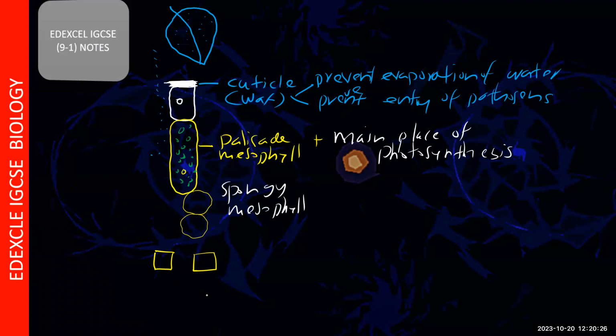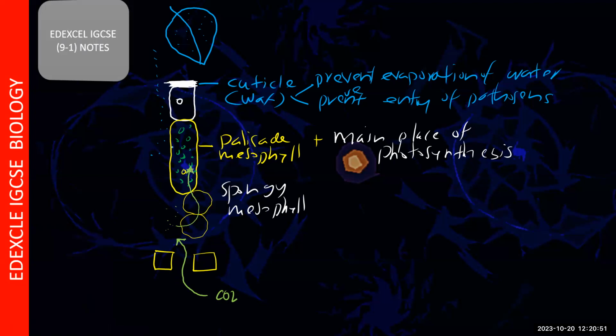So if carbon dioxide is required for photosynthesis, carbon dioxide can enter, and this carbon dioxide that's available here can now move to these cells from the spongy mesophyll cells.